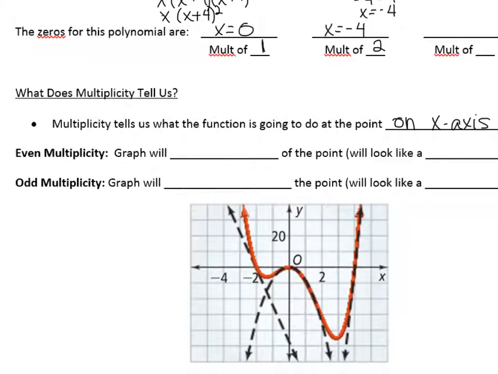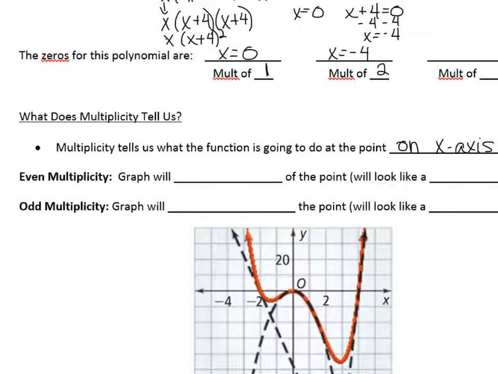If it's an even multiplicity, which means it appears twice or 4 times or 6 times, anything that's an even number, then it's going to do what we call a bounce, which will look like a parabola.